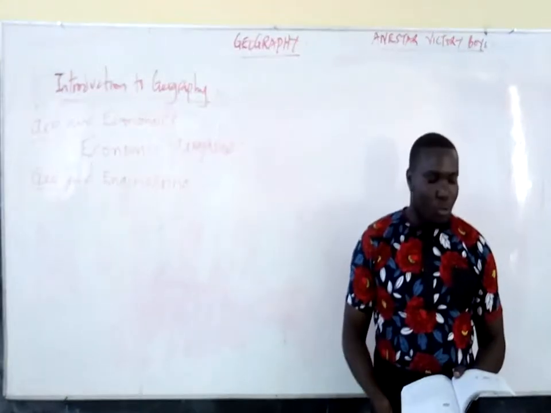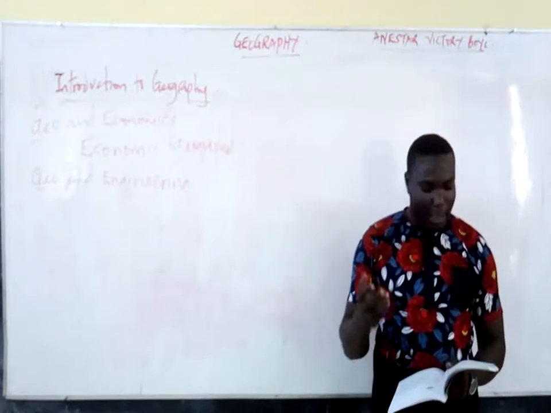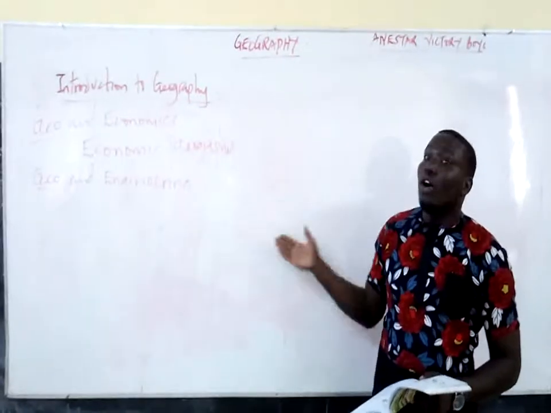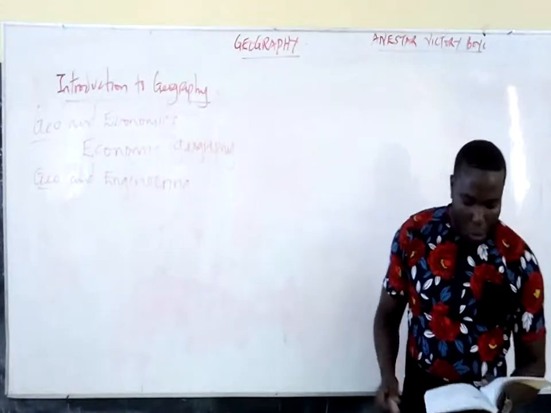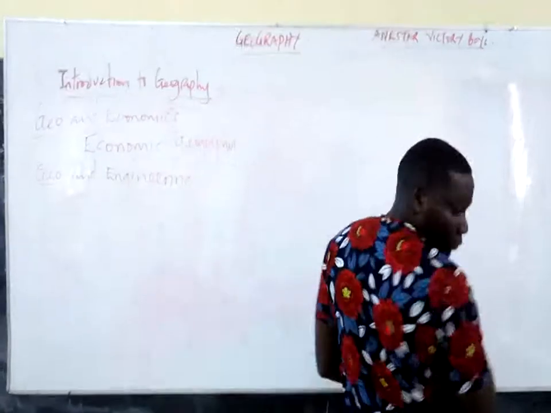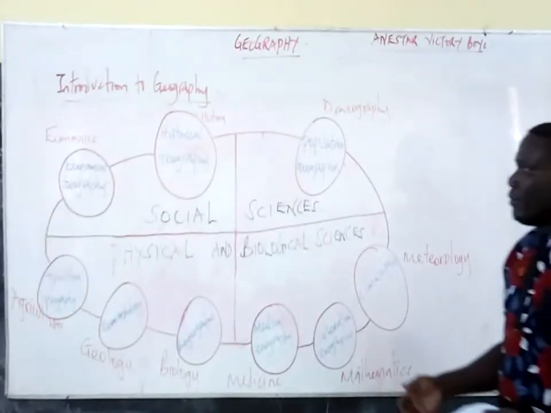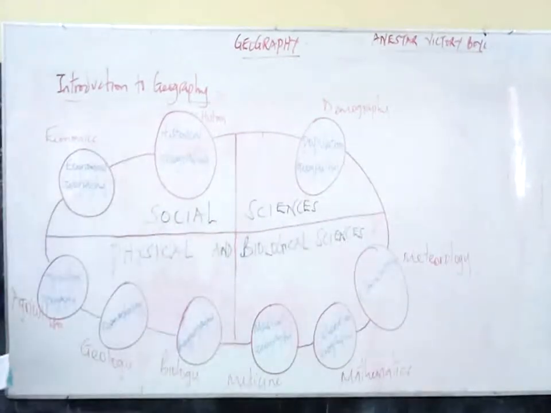And lastly, today in our session, we want to look at the diagrammatic representation of geography and all these disciplines that we have. We're going to look at that before we end our lesson. So from the diagram, we have the relationship between geography and other disciplines.